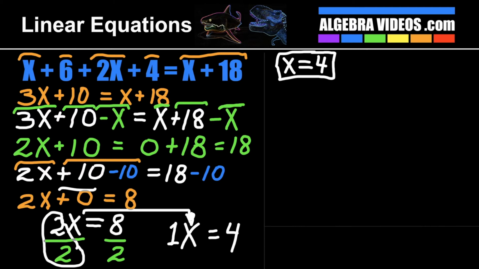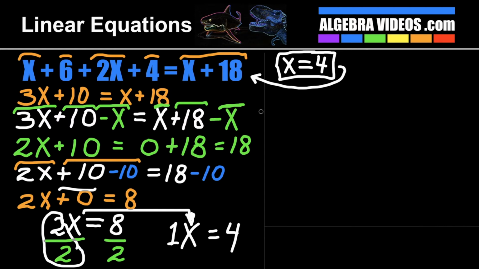But if you want to make sure you got the right answer, you want to double check yourself, make sure you didn't make a mistake, we can take this solution of x equals 4 and plug it back into the original equation. And if both sides of the equation are equal, in other words, we come up with two numbers that are equal, then we know we got the right answer.